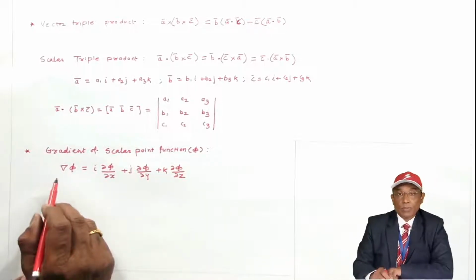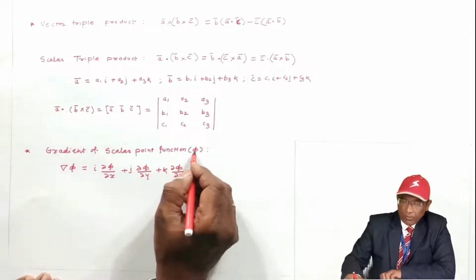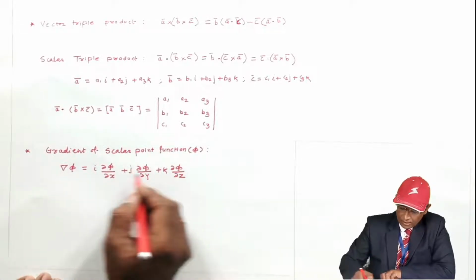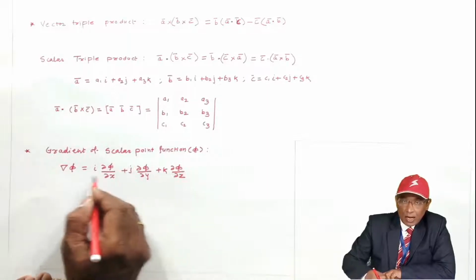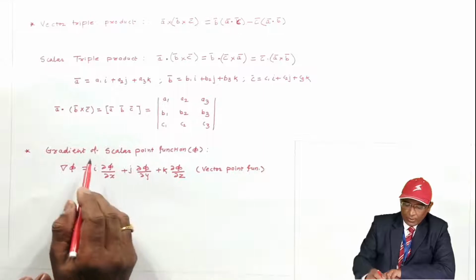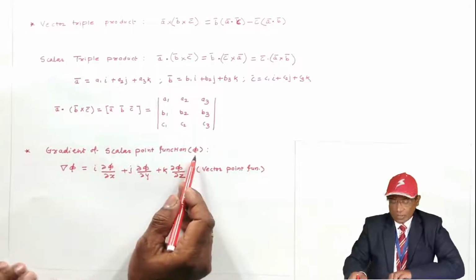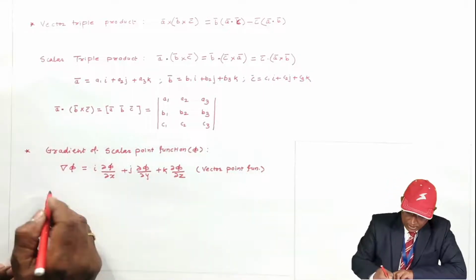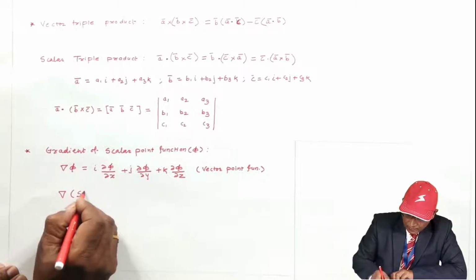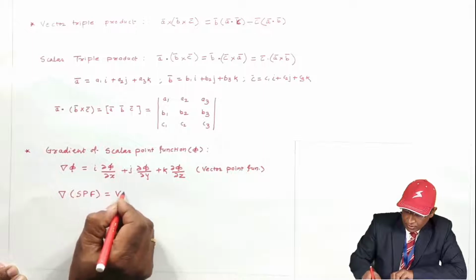This is gradient of scalar point function. See, phi is a scalar point function, but if you take gradient of phi, the i j k's are present. It is a vector point function. Once again, I repeat. When you take gradient of scalar point function, you get vector point function.